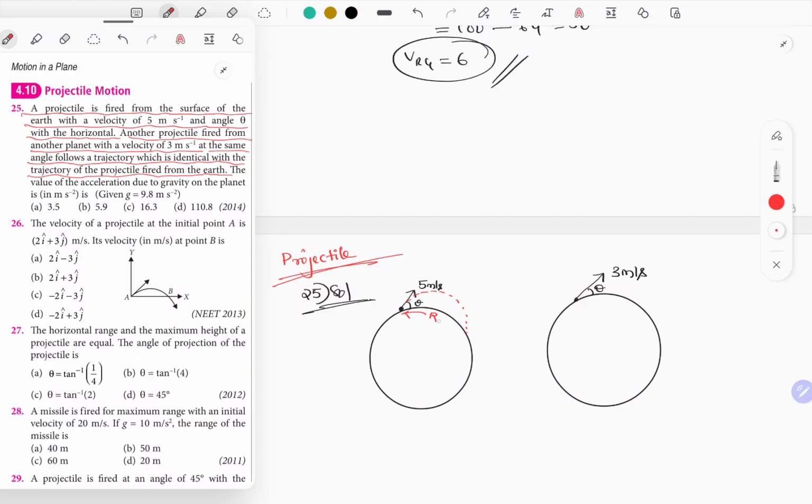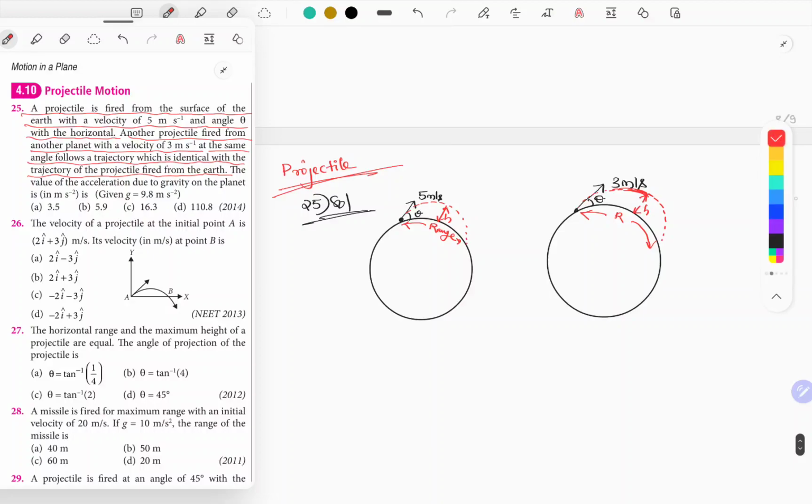This is going to be the range and this is height h. Similarly, if you project a particle from the other planet also, this is h and this is going to be r.